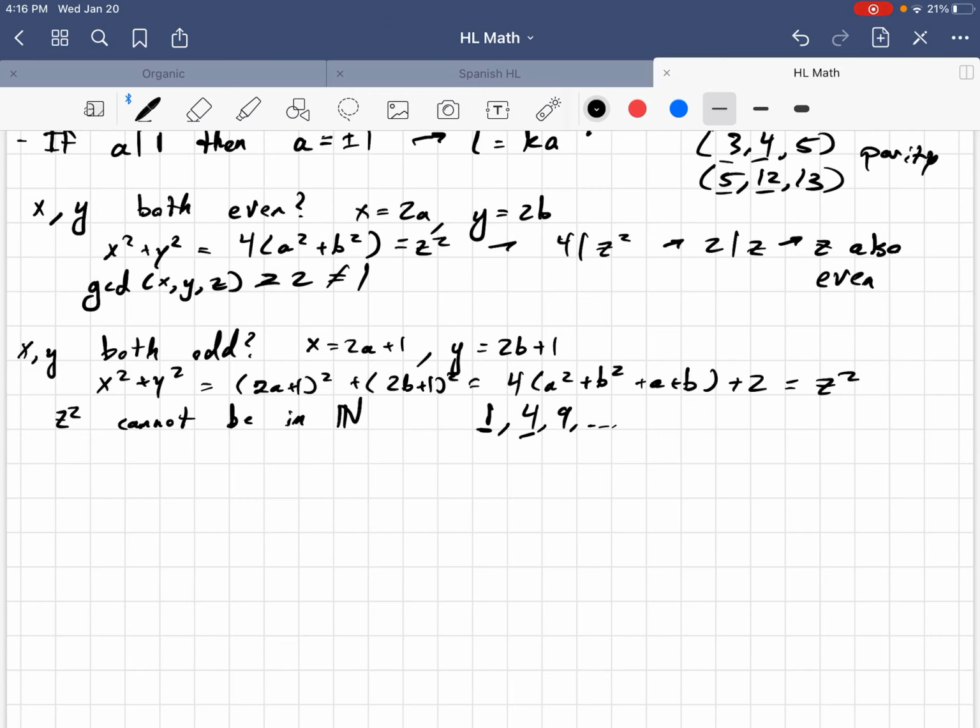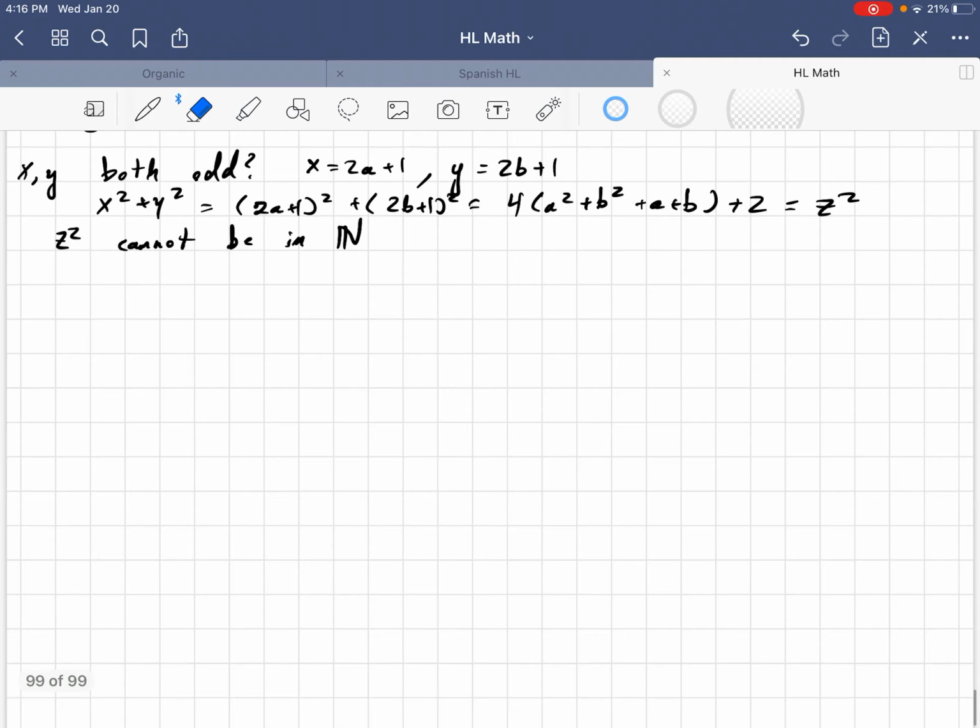And so any other perfect square that has a factor of 2 in it has to have another factor of 2 in it, and therefore has to be divisible by 4. So a perfect square, if it's divisible by 2, it's got to be divisible by 4 as well, because it has to have 2 factors of 2 in there. Otherwise, it's not a perfect square. So no, X and Y cannot both be odd.